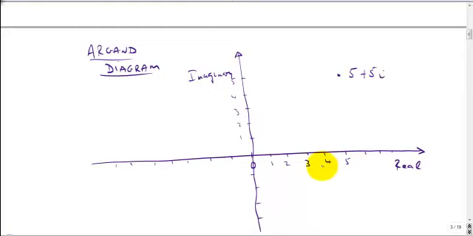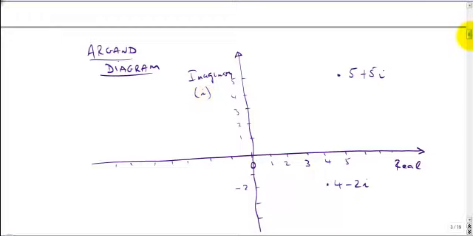Likewise, you could draw another number down here, so it has a real part 4 and imaginary part 2, but now this is going minus 2, so this would be 4 minus 2i. So the imaginary axis again is the I-axis.